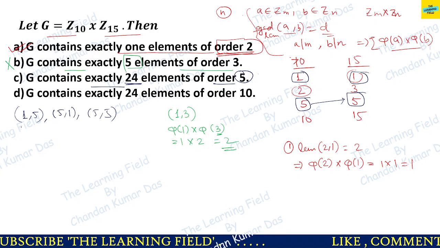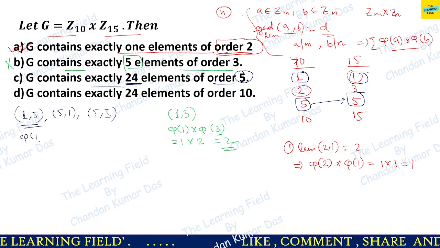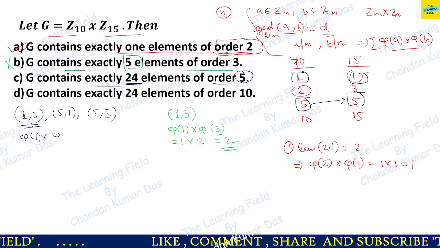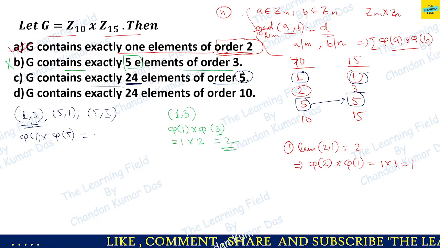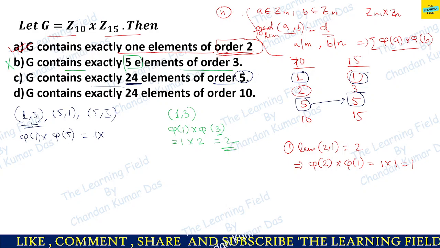So for this, the number of elements we get is phi 1 into phi 5. So this is equal to 1 into phi 5, which means 4, since 5 is prime, by Euler's phi function.